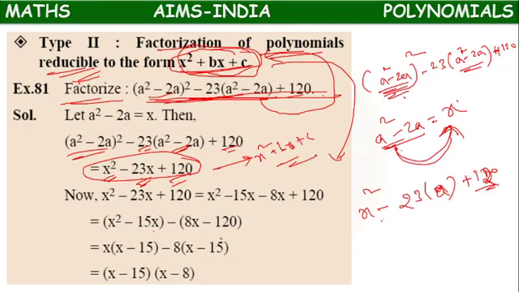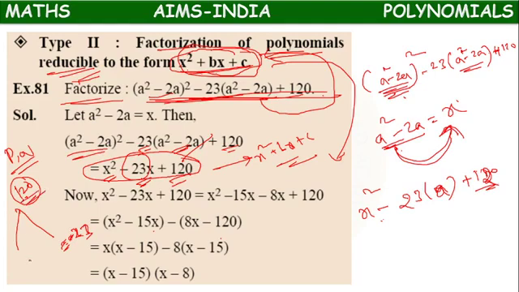Now the remaining procedure is the same. We need two numbers p and q such that their product is equal to the constant. What is the constant here? 120, and 120 is to be divided into two numbers whose sum is equal to minus 23. What numbers can we take? 2 into 60, 3 into 40, 6 into 20, after 6, 8 into 15.